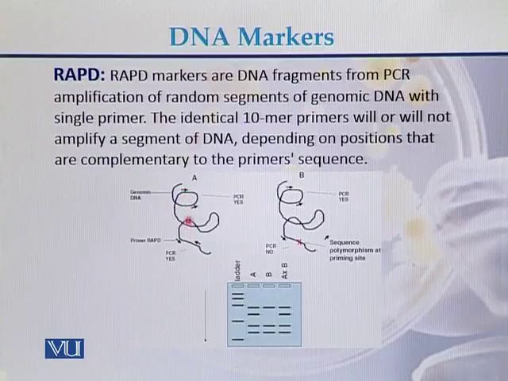In this DNA, we can see that the primer has bound at 4 different locations that have been marked with the arrows. While in case of the second DNA molecule, this primer was bound to 3 different locations: location number 1, location number 2, and location number 3. So this primer was not bound to the second DNA molecule at this location.